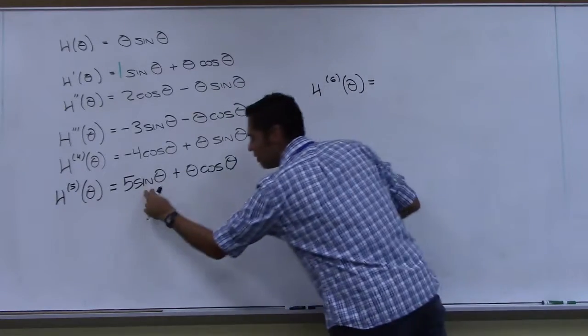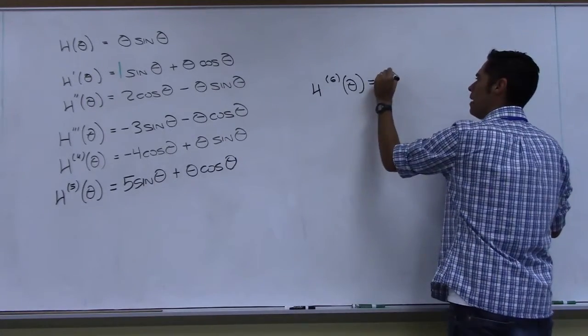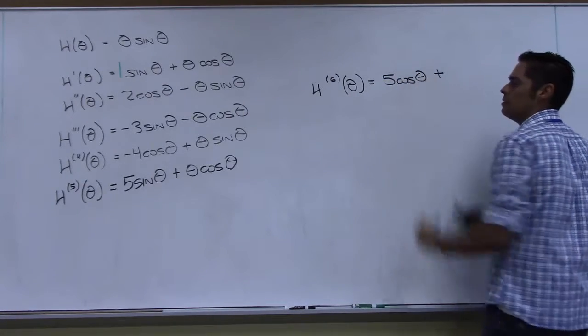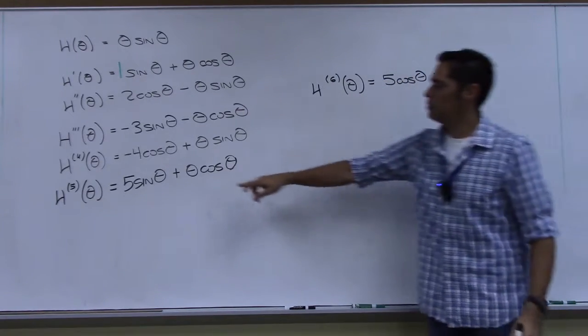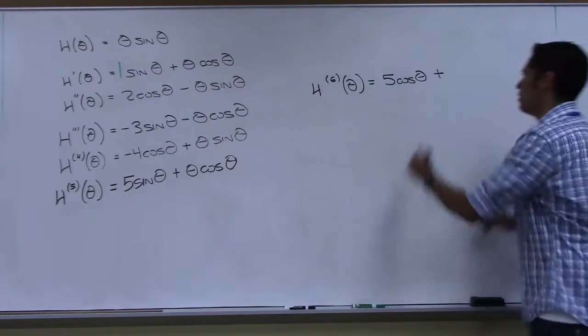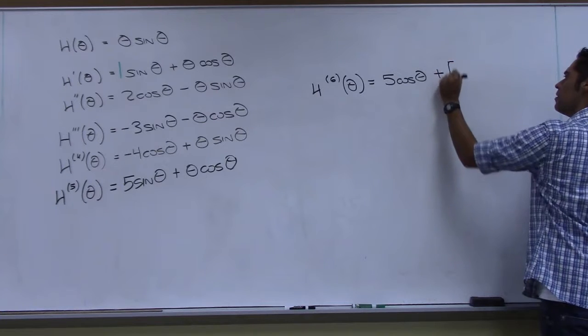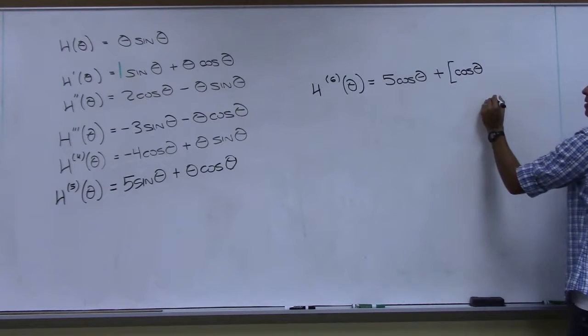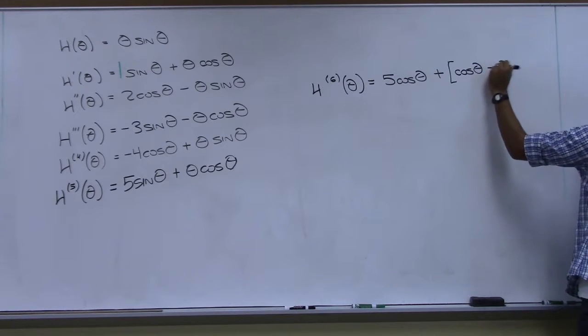Okay. Taking the derivative of this. Help me out. 5 cosine theta plus, we've done this twice now, right? So it's cosine theta. I don't necessarily need the parentheses, but I'm going to put them, or brackets. Cosine theta minus theta sine theta.